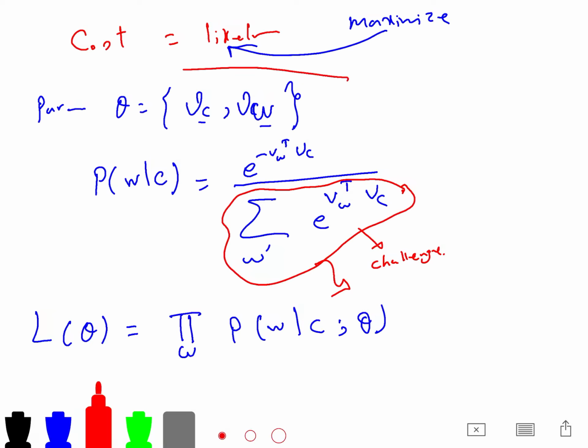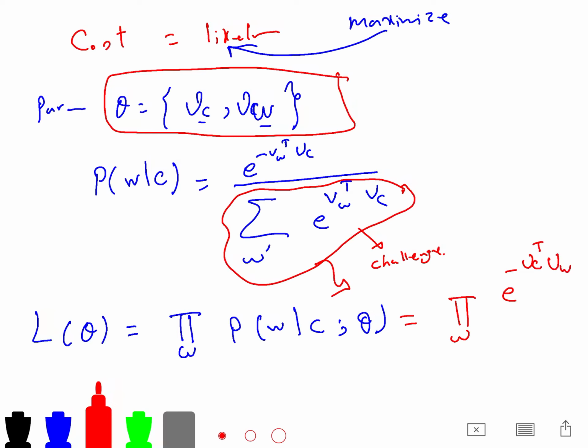As I said, theta is just the vectors of context and the vectors of words. So if you write this, this becomes the product of e to the minus vc transpose v omega divided by the summation over e to the minus vc transpose v omega.